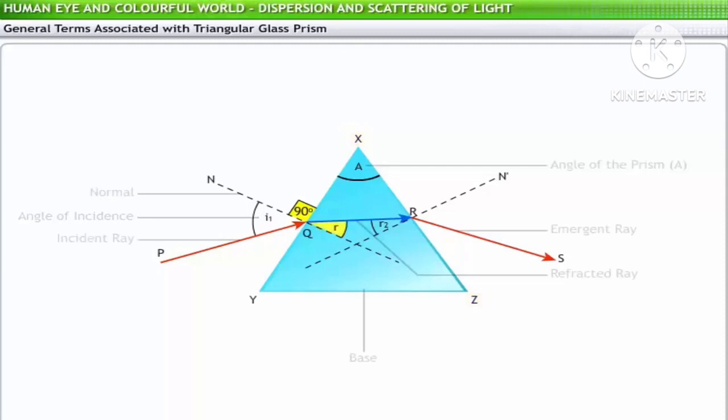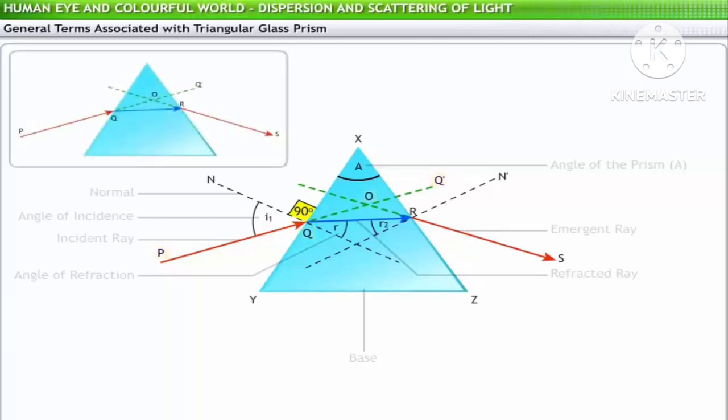The angle between the normal and the refracted ray is known as the angle of refraction. In the absence of the glass prism, the incident light ray would follow the path PQOQ'. Due to the prism, the light ray emerges along the path ORS. Thus, the light ray deviates from its initial path.